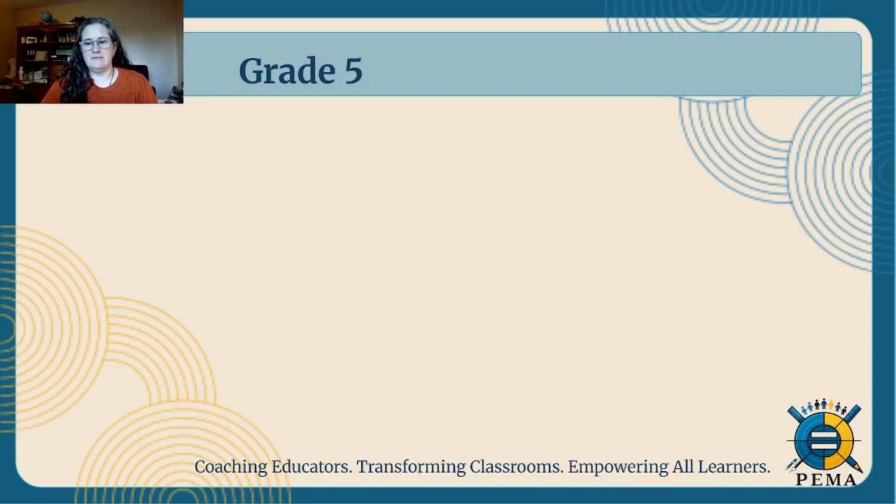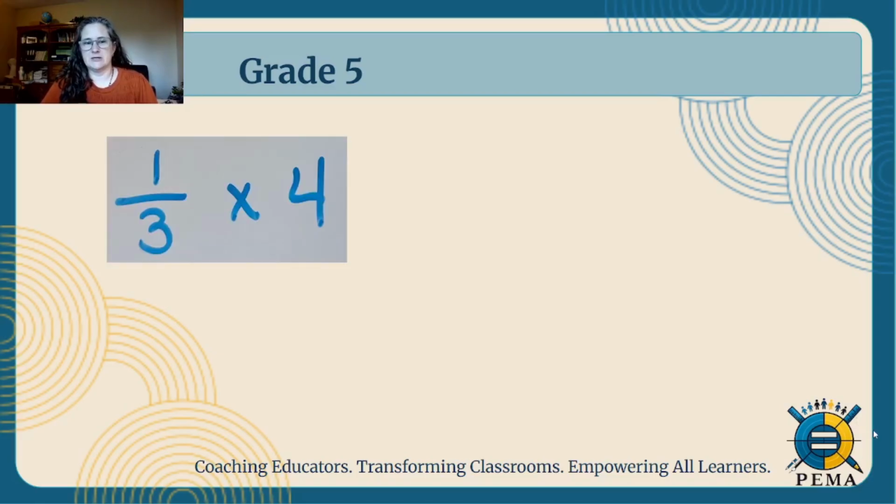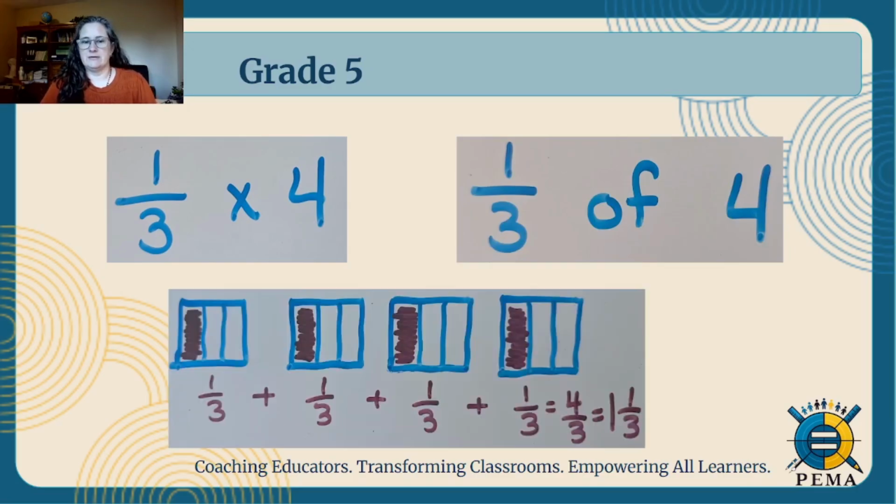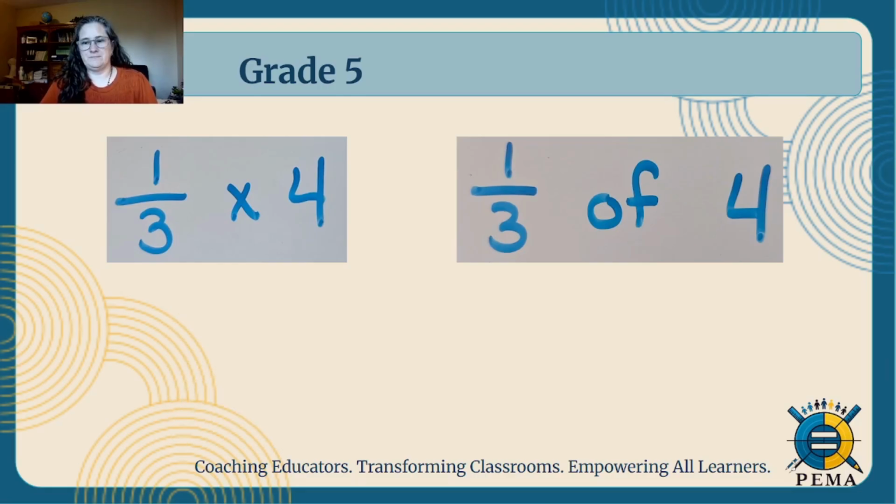In grade 5, students might see the expression read this way as 1/3 of 4. The difference in how students represent this is that they're thinking about taking 1/3 of 4 wholes. So in this example, I see 1/3 of each rectangle adds up for a total of 4/3, or 1 and 1/3.